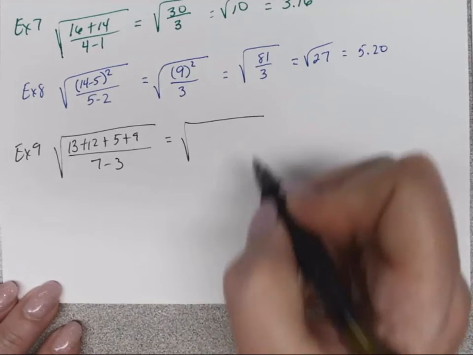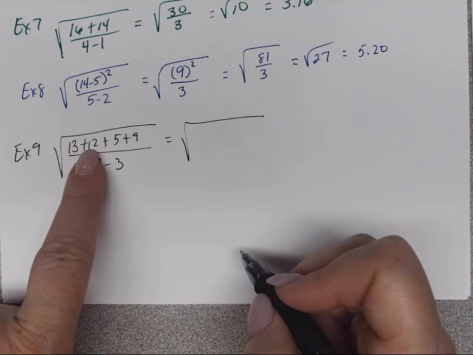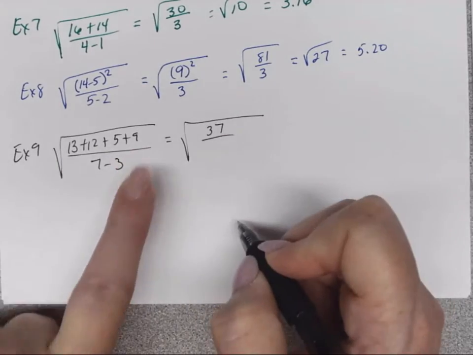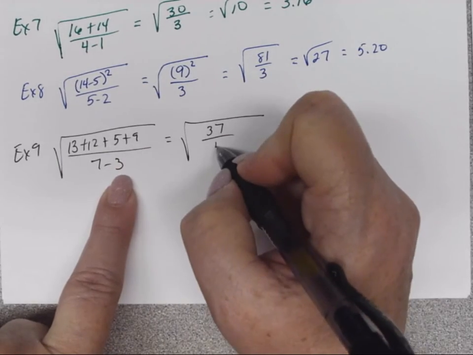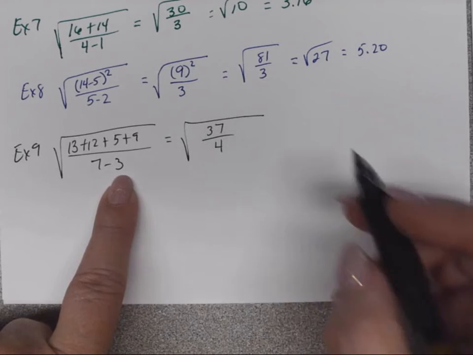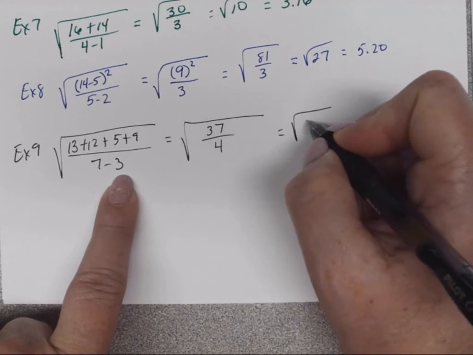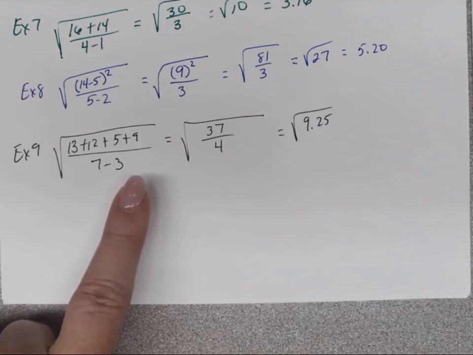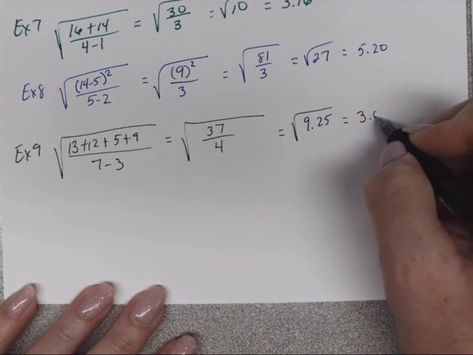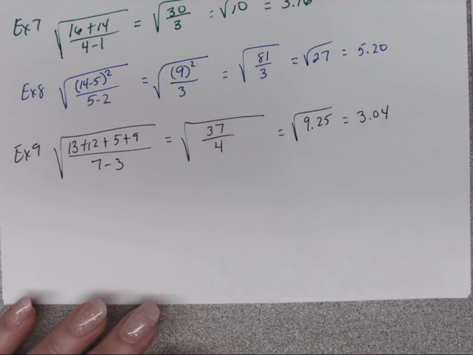So that'll give us the square root. 13 plus 12 plus 5 plus 9 is 37. 7 minus 3 is 4. And that gets us the square root of 9.25. And when we plug that in our calculator, we will get 3.04.